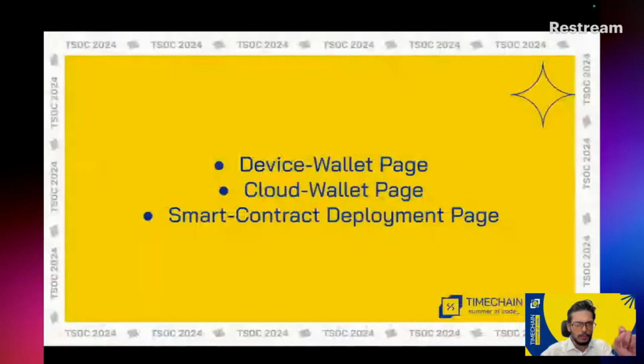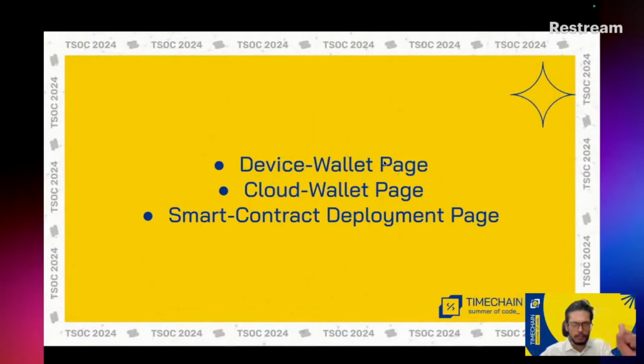Now, what we also have to submit today is we are going to make 3 more pages. That's going to be an assignment after I tell you how to do it. The device wallet page, which is going to create a private key and public key pair using the BSV SDK and generate it on that page itself when you click.